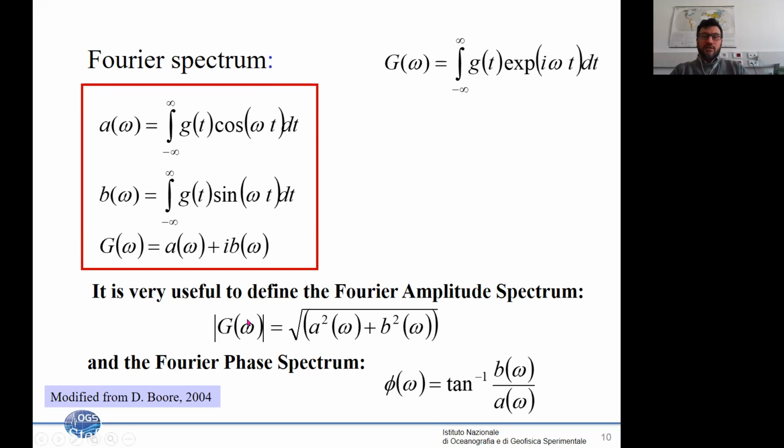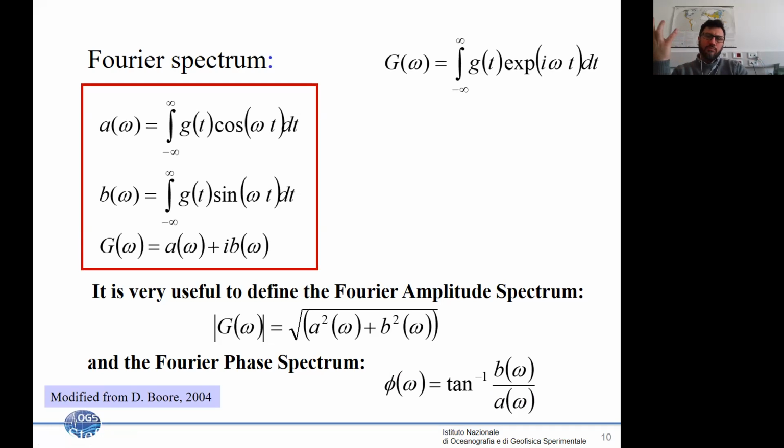And this is the information that is mainly used in most of the studies, so the information about the amplitude, but we also have information about the phase of the spectrum, and the phase, which corresponded in the time domain to the shift of the signal, is just calculated as the ratio between the imaginary and the real part of the Fourier transform.